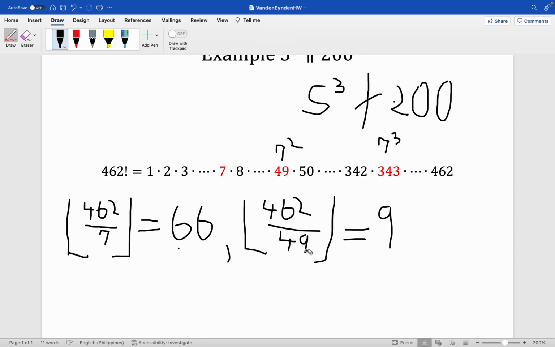And again, folks, you can see that 9 times 49 would be what? 441. And so the 462 over 49 would actually, I'll just write this out for you, 462 over 49 would be equal to, it's going to be a mixed fraction, of course.